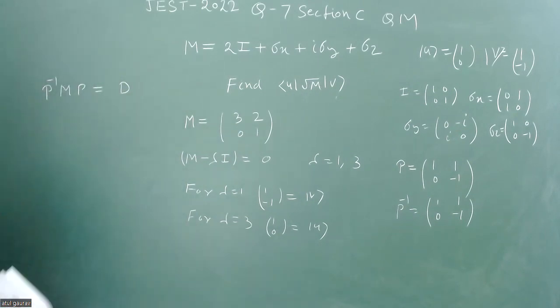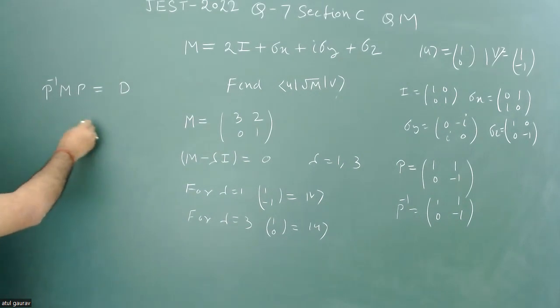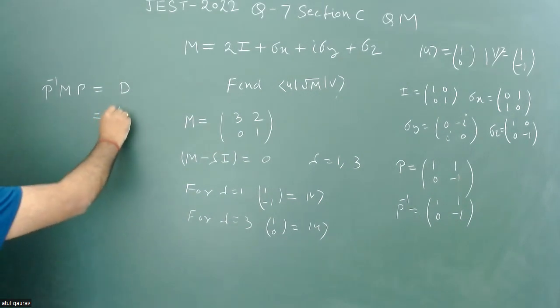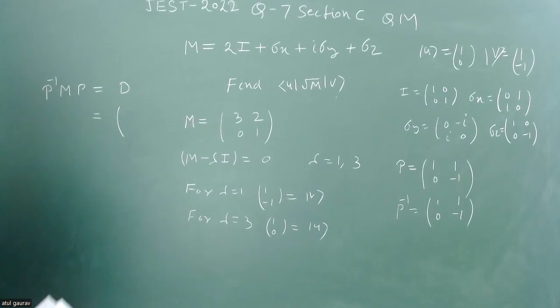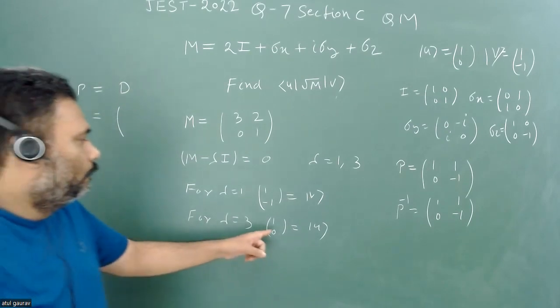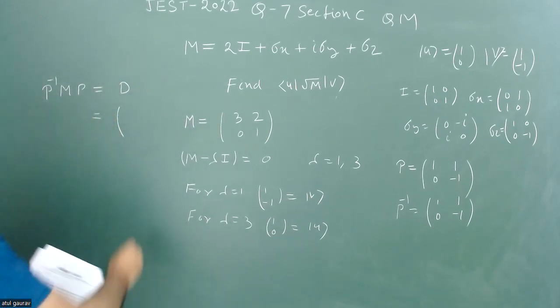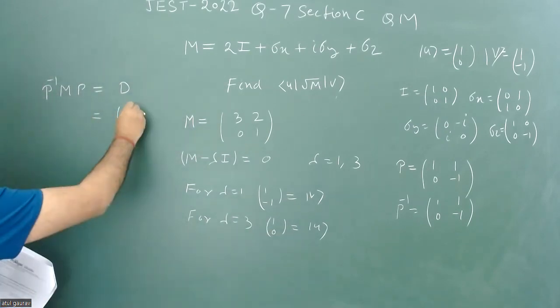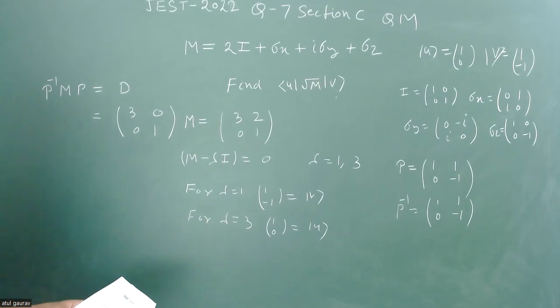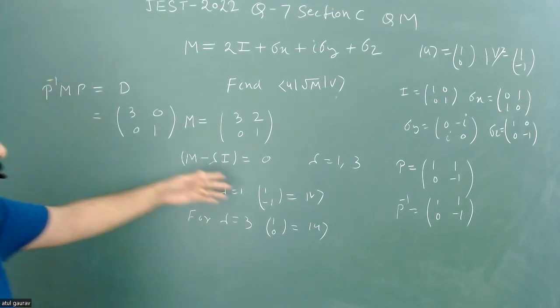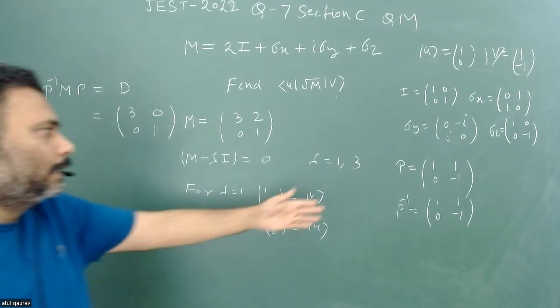When we calculate this, obviously the values are nothing but the eigenvalues, lambda equal to 3 and 1. So we have 3 0 0 1, which is diagonal in nature. You can easily calculate this from matrix multiplication.